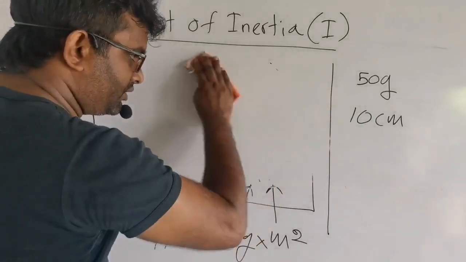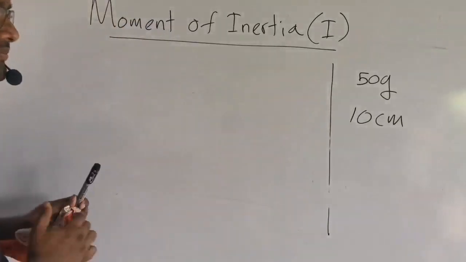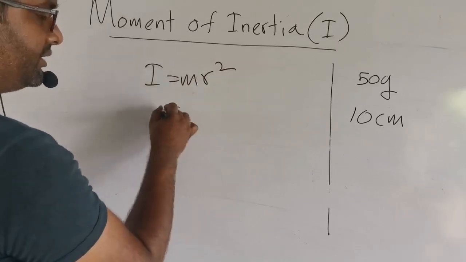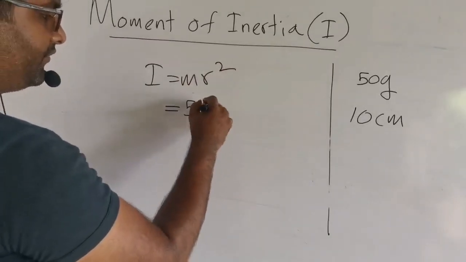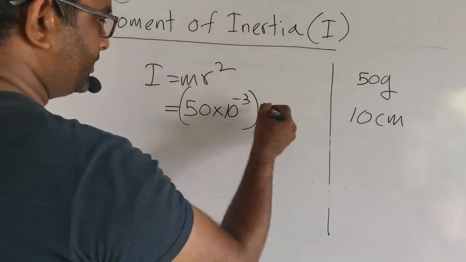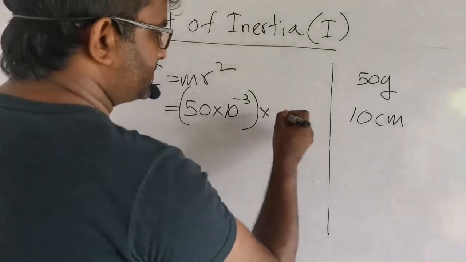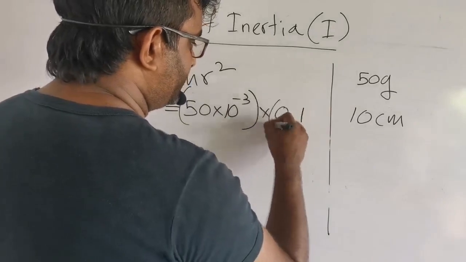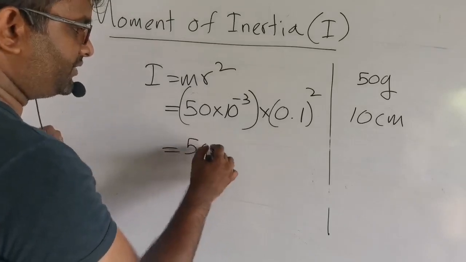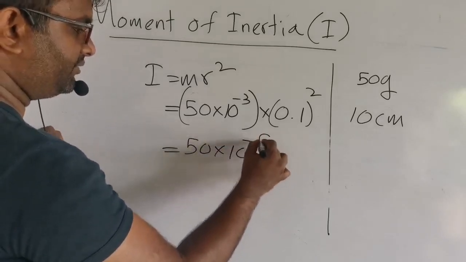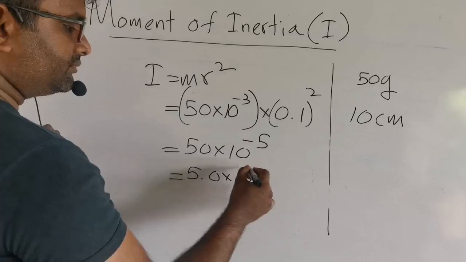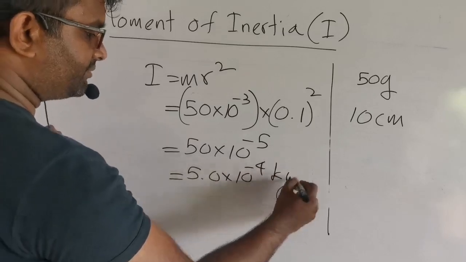You can use the equation I is equal to m r squared. 50 grams we can convert into kilograms, 50 times 10 to the power minus 3, then r in meters, 0.1 squared. Then it gives 5.0 times 10 to the power minus 4 kilogram meter square.